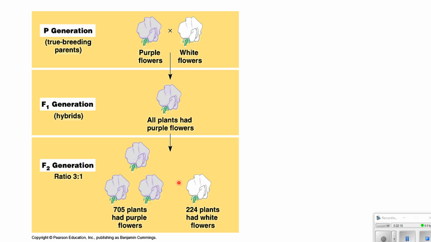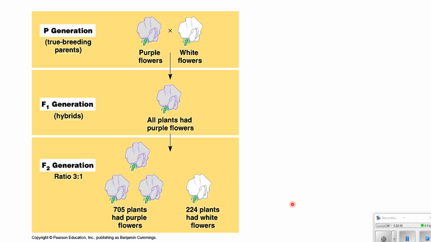And he also thought it was interesting that even though the white color completely disappeared in the F1 generation, it shows back up in the F2 generation. Even though we don't see any evidence of white genes, we know they exist because all of a sudden that trait, that white flowered trait, does show back up in the F2 generation.